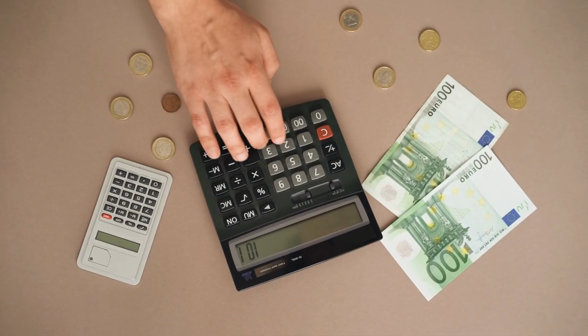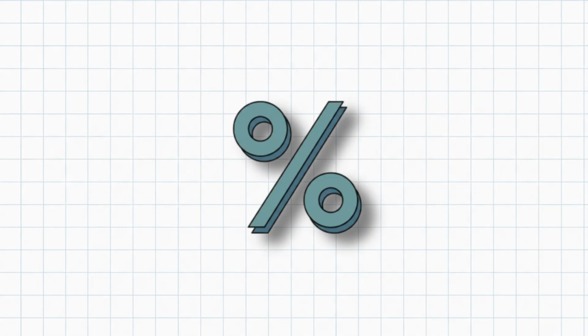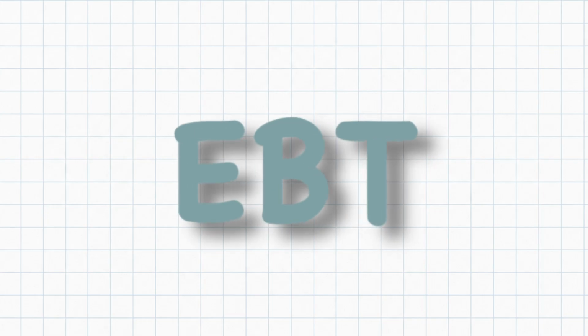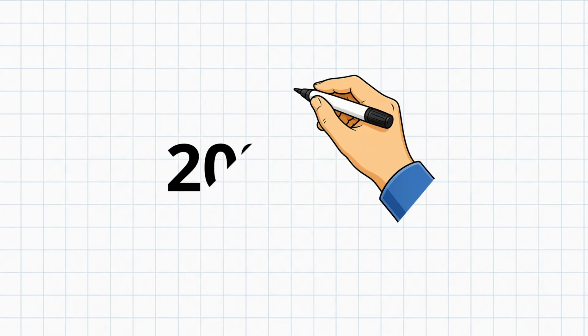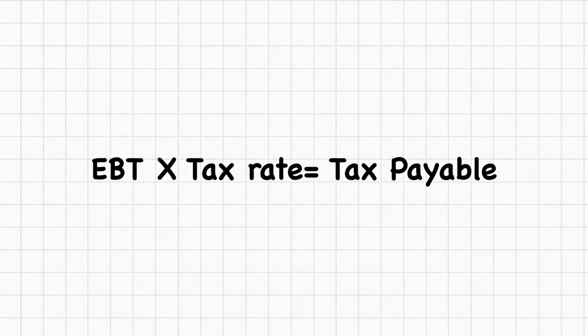Your income tax expense isn't just a random number, it is calculated as a percentage of that EBT figure we just found. Let's assume your business has an effective tax rate of 20%. To calculate your tax bill, we simply multiply our $7,500 EBT by 20%, which comes out to exactly $1,500.